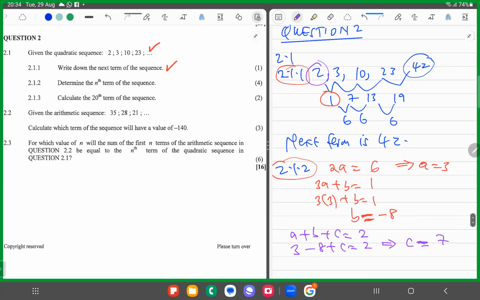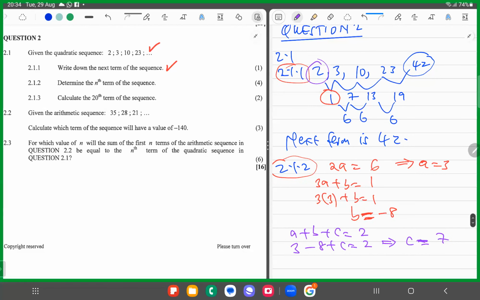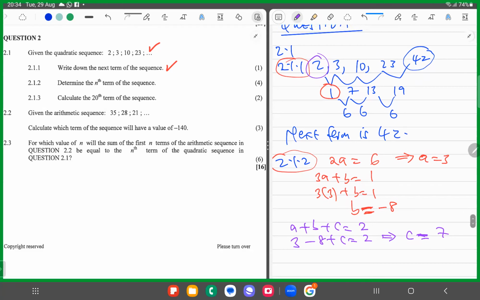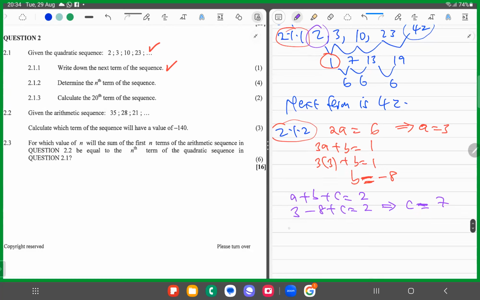So what is the nth term of the sequence? The nth term of the sequence is given by Tn, which is equal to, well, the formula is an squared plus bn plus c.